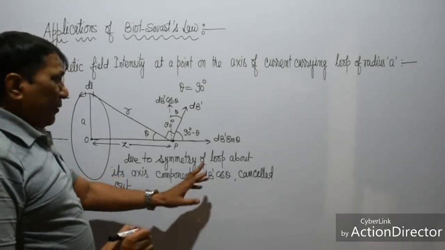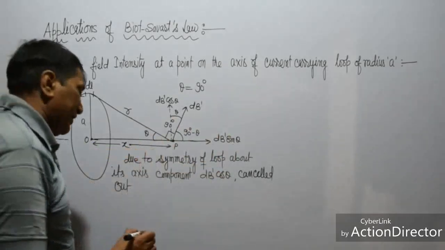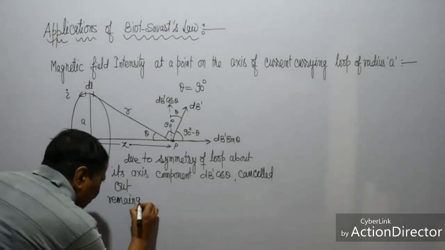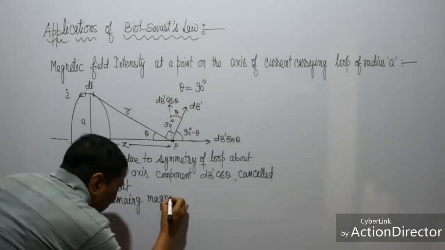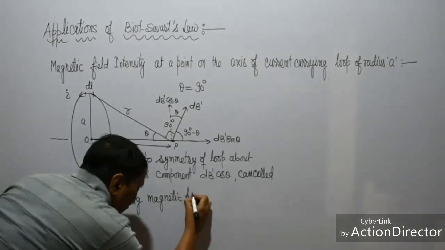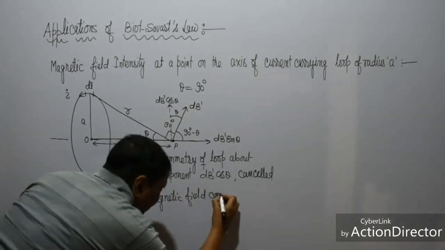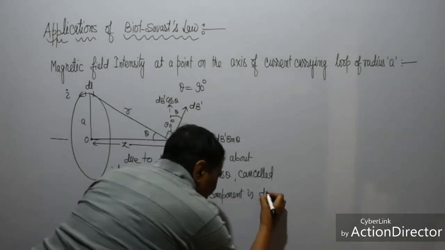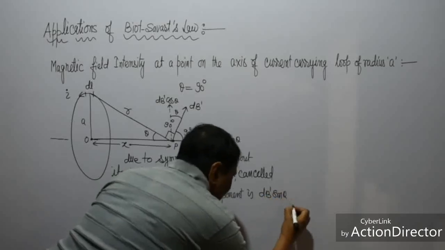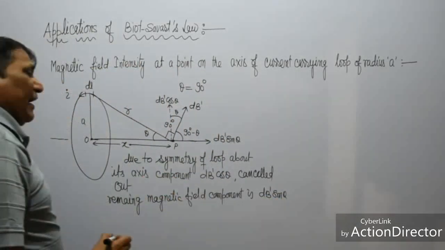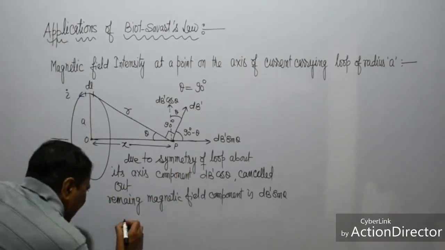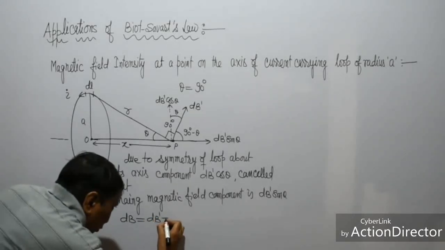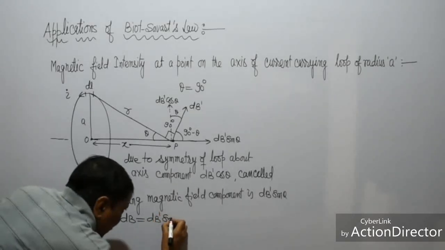Take dB dash. Remaining part is dB dash sin theta. So the remaining magnetic field component is dB dash sin theta. So this dB dash sin theta can be taken as dB. So dB is equal to dB dash sin theta.